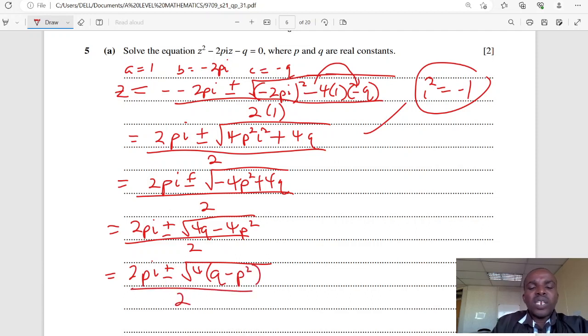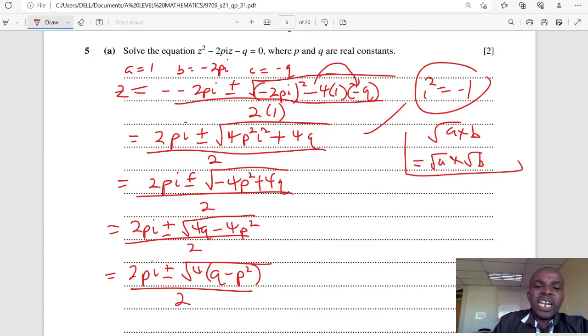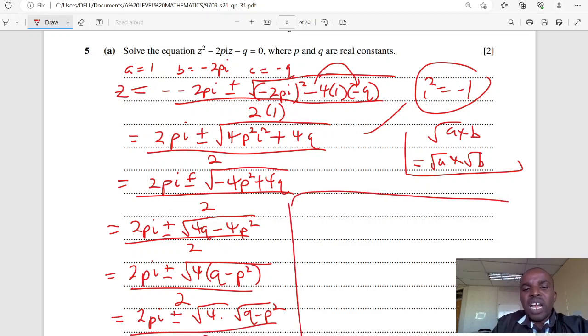Right, take note, root of a times b is the same as root of a times root of b. So this is what I have to apply now. So root of this part is the same as root of 4 times root of q minus p squared. So it will be 2pi plus or minus root of 4 times root of q minus p squared, all over 2. Simplifying further, it will be 2pi plus or minus 2 times root of q minus p squared, all over 2. I can factor out 2 on the numerator.